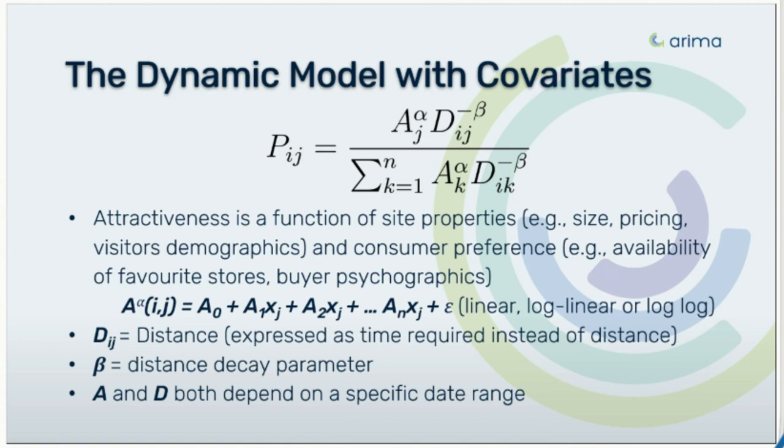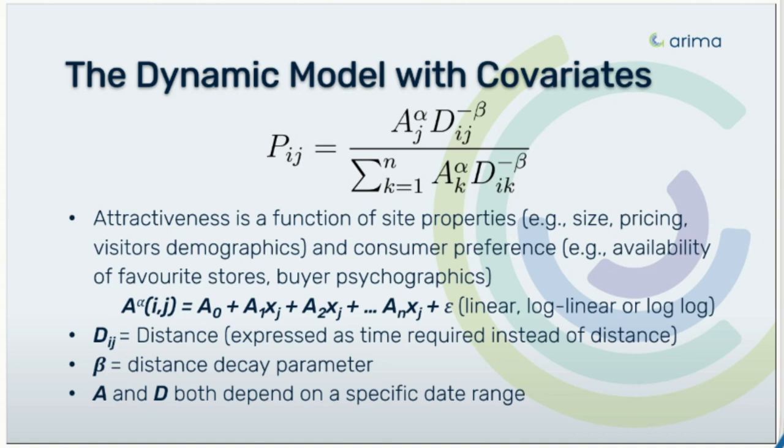This is essentially a linear regression model within the A parameter. Depending on what you believe, you can use a linear model, a log-linear model, or a log model. Remember, in the original Huff model, because attractiveness is exponentiated, you have a little decay parameter, so one may want to use a log-linear or log model. Internally, we've just used the linear model and it worked very well.